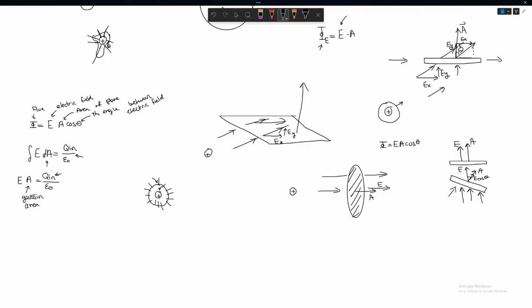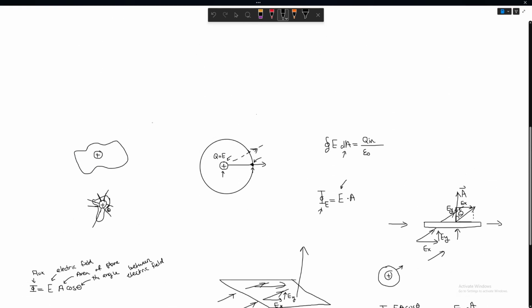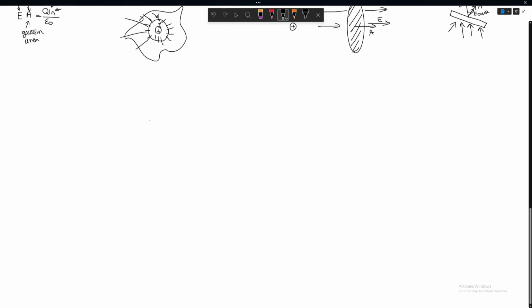And so that is my Qn, the charge inside. This is the electric field emitted by the charge inside. This is the area around the charge inside. Okay? And so this area can be literally anything, because remember how I said the flux will always be the same amount, no matter where I draw my surface. I hope that really prints it in your skulls.